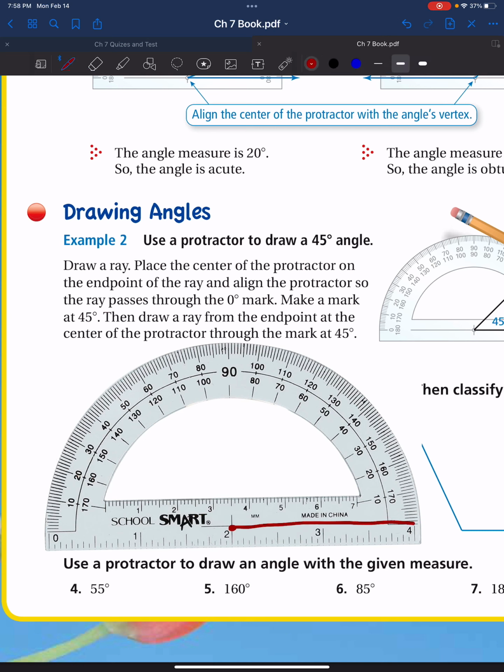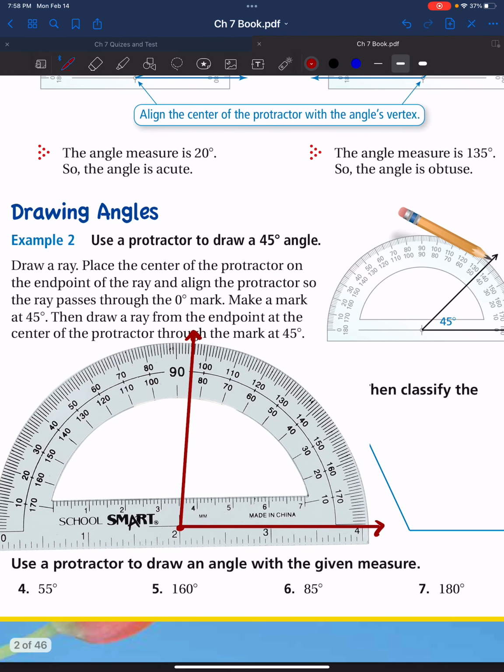Make a ray. Here's 80, here's 90, so it'd be right there. Ooh, it looks like a 90-degree corner. Oh, look, my pencil makes me want to do a 90-degree corner. That's silly. So I guess I'll just do this, and then make it where I want it to go. Right there. 85 degrees.